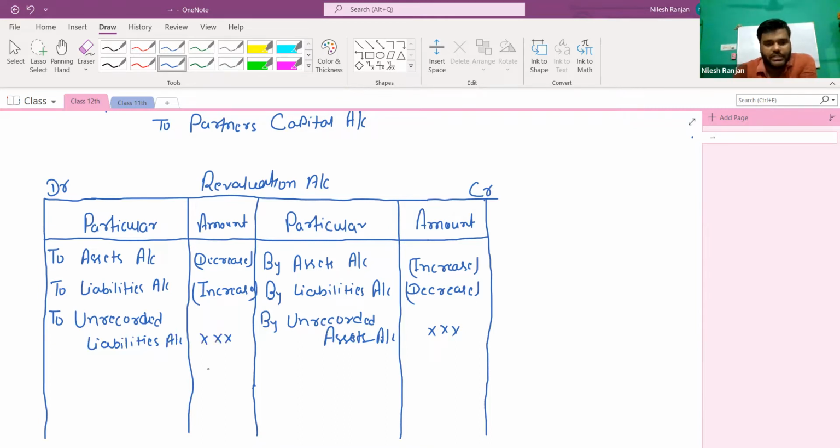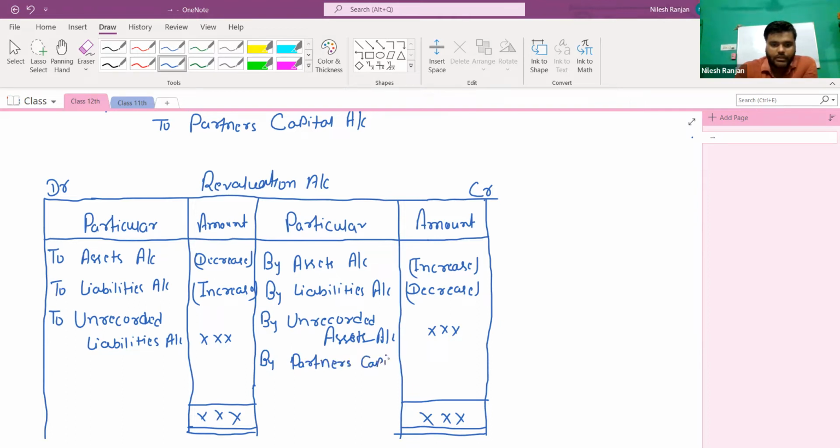Okay, so this is our revaluation. Now we have to total both sides, and whichever is higher will be written in the total. The balance will be transferred to the partners' capital account. If it is a loss, it will be on the credit side, partners' capital account, as balance.